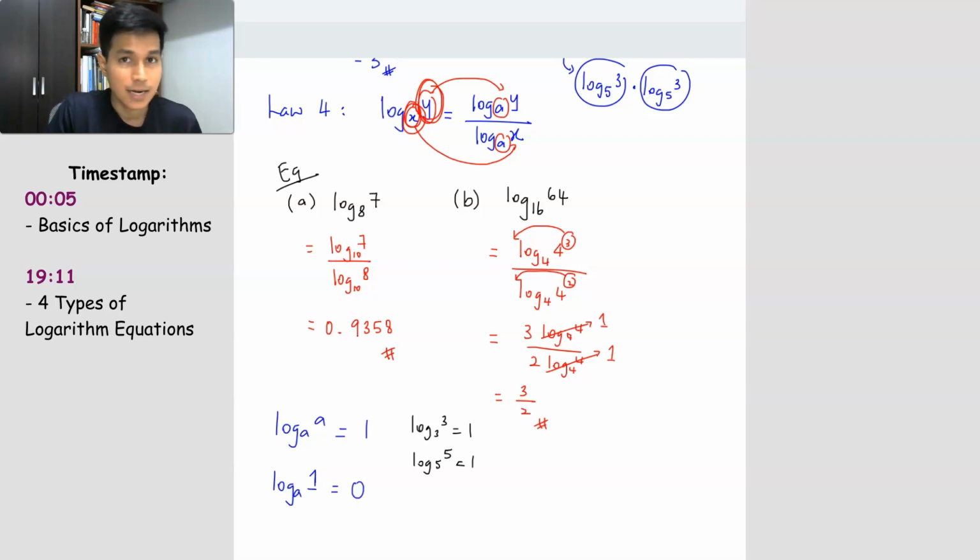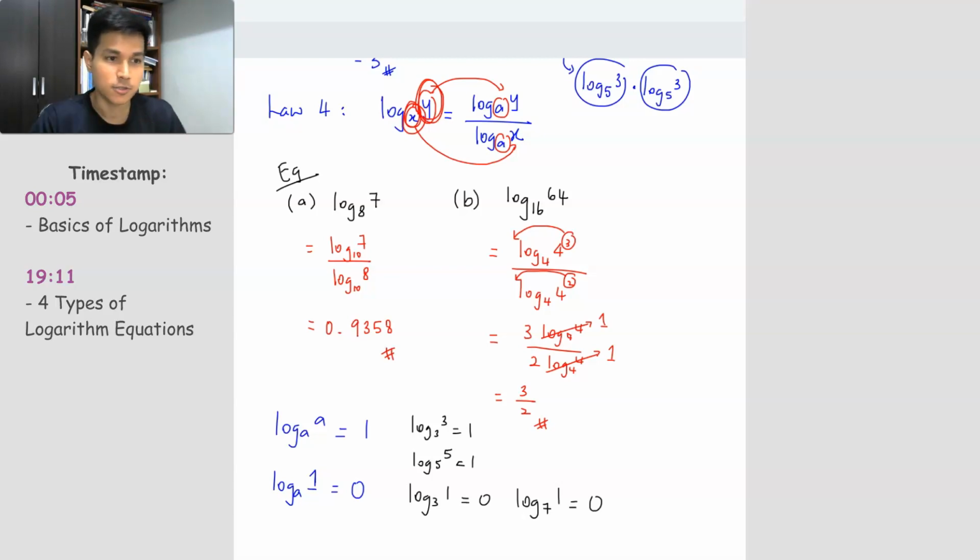For example, log 1 base 3 is equal to 0, or log 1 base 7 is also equal to 0. Anything with log 1 will always be 0 regardless of the base. These are the two I wanted to add in just to make sure you all understand.